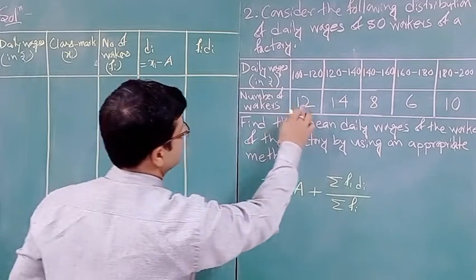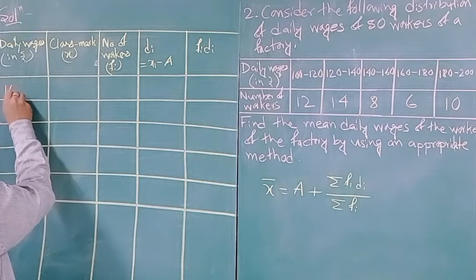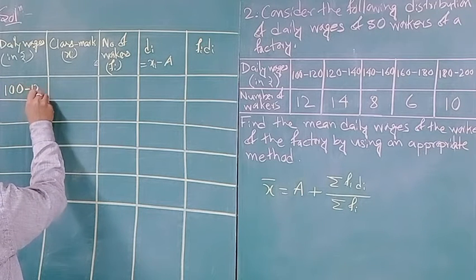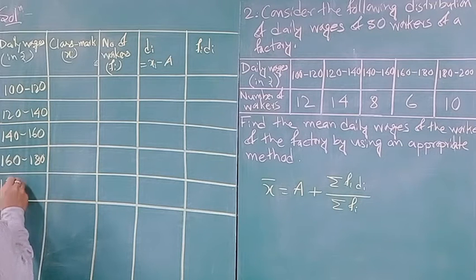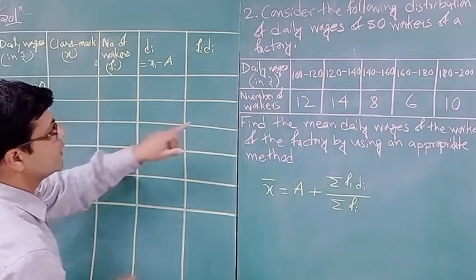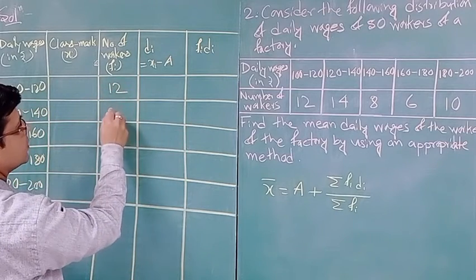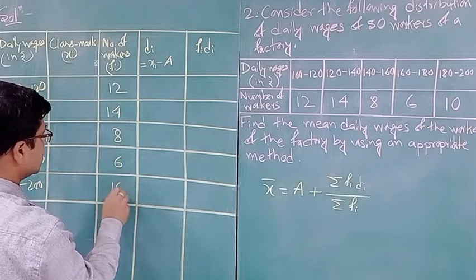Alright, so let us make the rows. How many rows are required? 1, 2, 3, 4, 5 rows. Let us substitute here. This is 100 to 120, 120 to 140, up to 180 to 200. Then the number of workers is given. So let us put those which are given: 8, 6, 10.